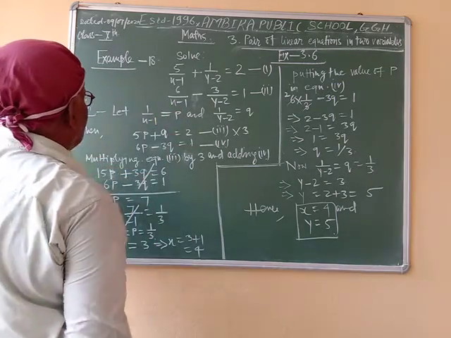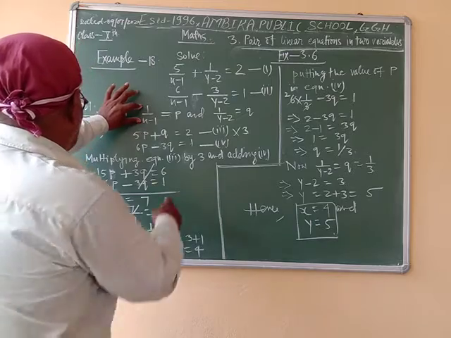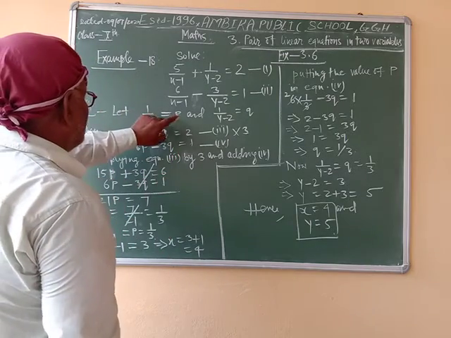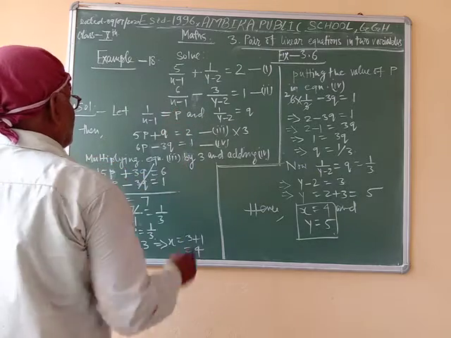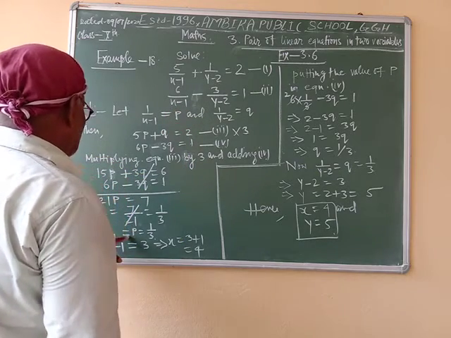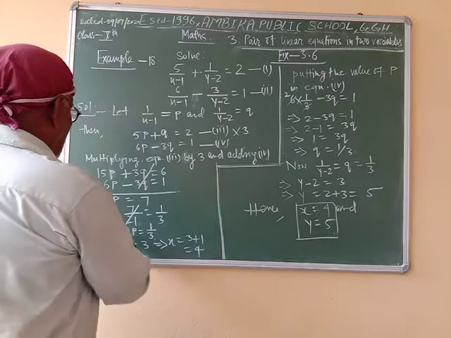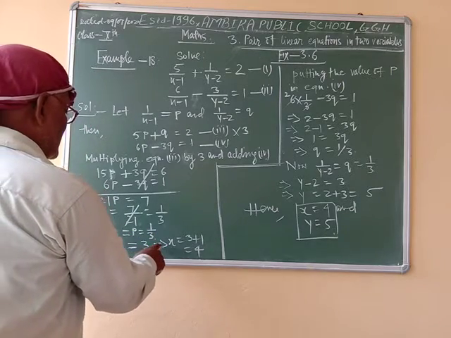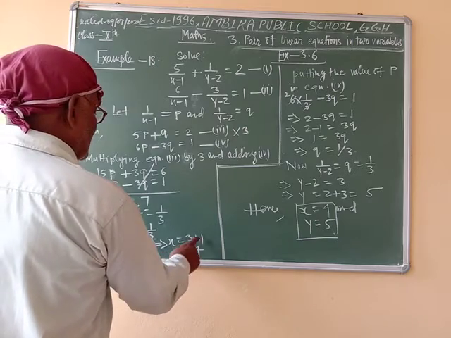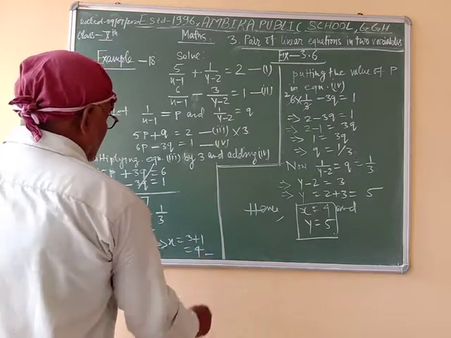Now we have considered 1 by x minus 1 is equal to p, so the value of p we put here: 1 by x minus 1 is equal to p is equal to 1 by 3. By cross multiplication x minus 1 is equal to 3, or x is equal to 3 plus 1 equal to 4.